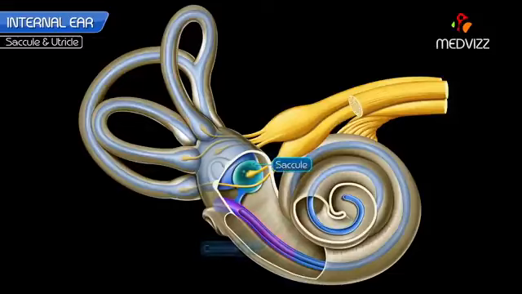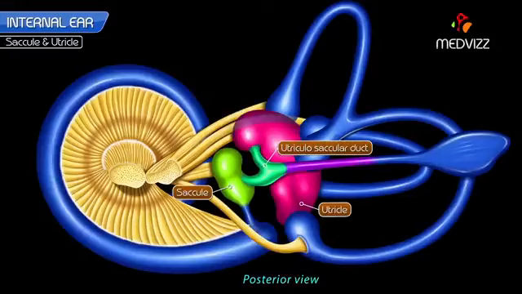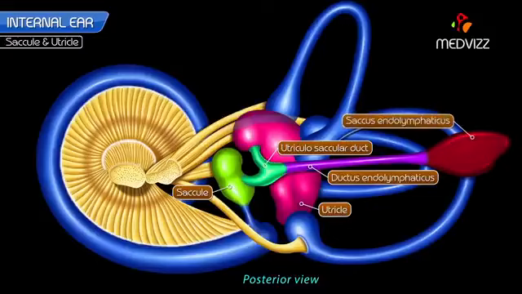The saccule is connected anteriorly to the basal turn of the cochlear duct by the ductus reuniens and posteriorly with the utricle by a Y-shaped utriculosaccular duct. The vertical limb of the Y continues as the endolymphatic duct, or ductus endolymphaticus, and its dilated blind terminal end is called the saccus endolymphaticus.